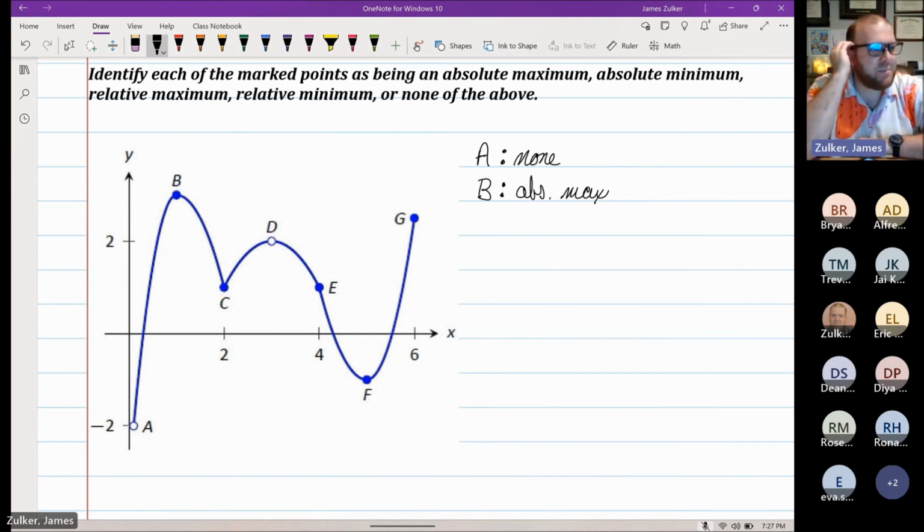That is the largest point, the largest value on the graph.